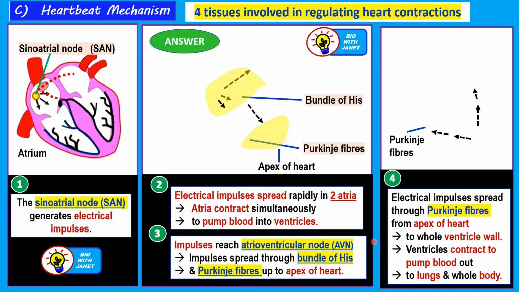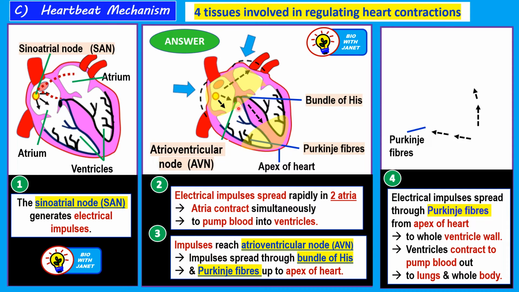In the second diagram here, we see that the impulse is spread to the left atrium and also the right atrium. Electrical impulses spread rapidly in the 2 atria, and both atria will contract simultaneously, that means contract at once.